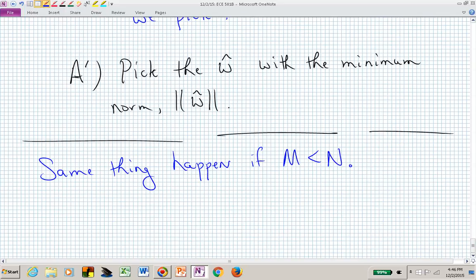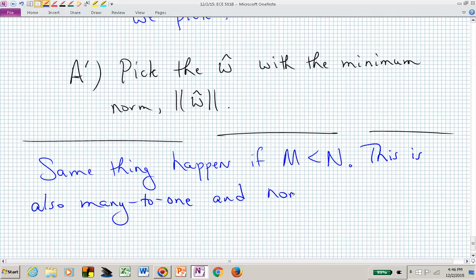So if capital M is less than N, this situation is also many to one. We have a non-trivial null space and it's non-invertible.